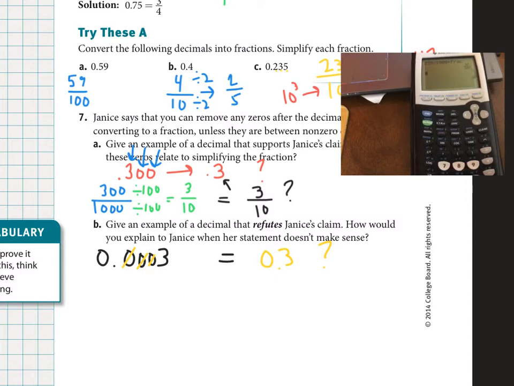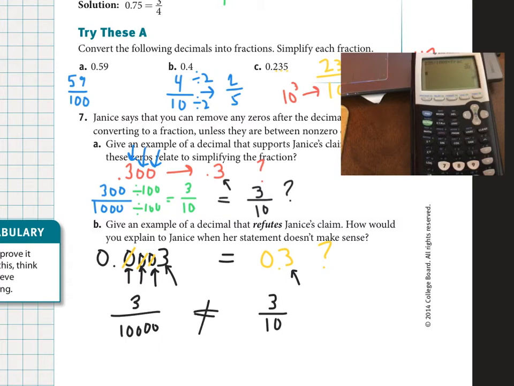In this case, the answer is no. The first number, 0.0003, is tenths, hundredths, thousandths, ten-thousandths, so this is really 3 over 10,000. While this one, as we saw before, has only 1 digit, so that's the tenths. It's 3/10, and these obviously are not equal.